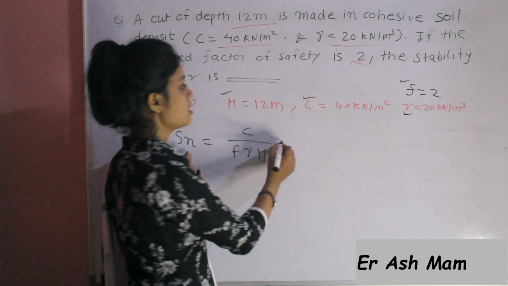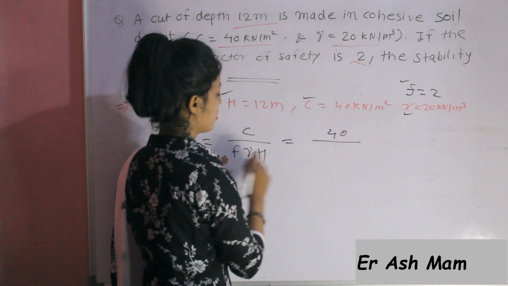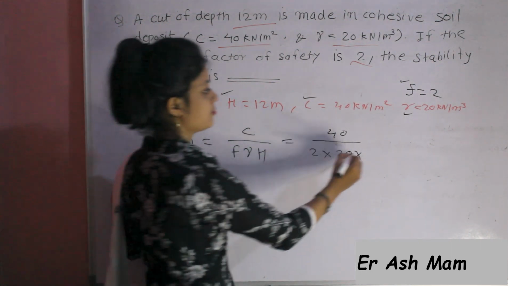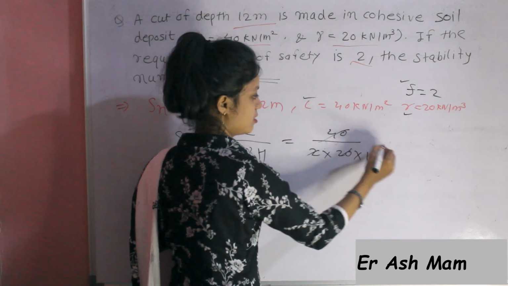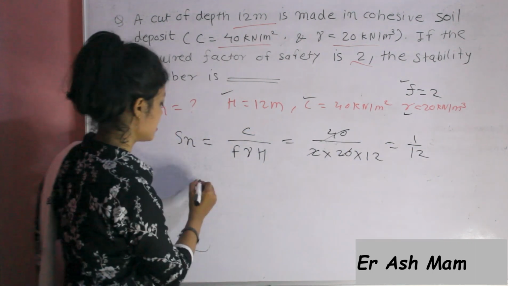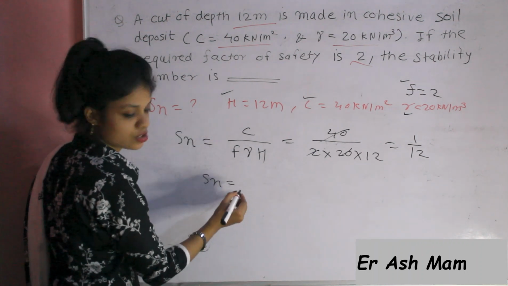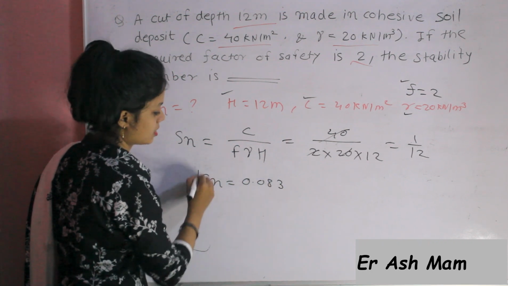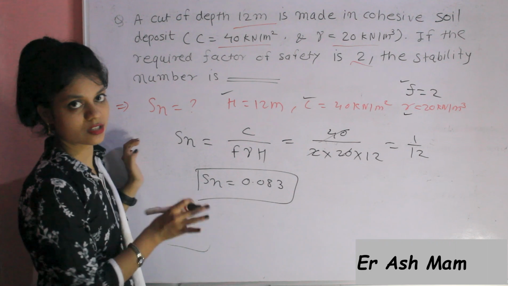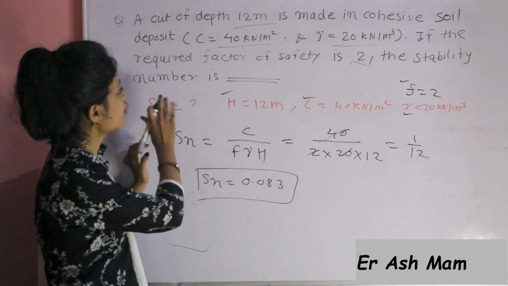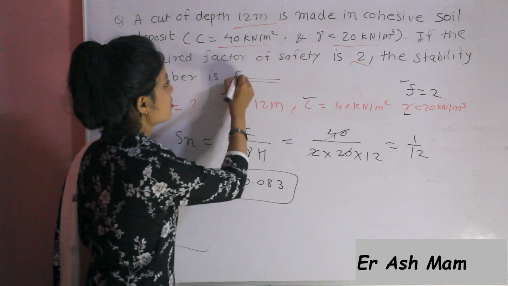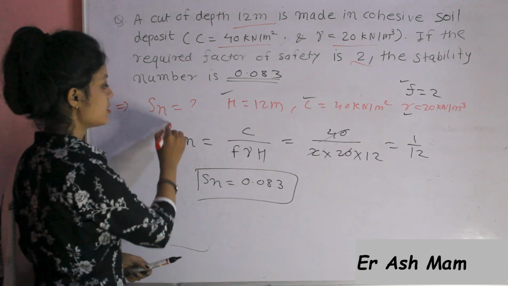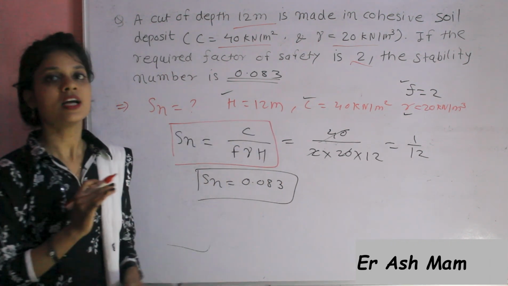C equal to 40 upon F, factor of safety 2, unit weight 20 and H equal to 12. 40 we cancel, equal to 1 upon 12, and Sn, stability number, 1 upon 12 is 0.083. Since it's a number, the unit place is empty. Therefore, stability number equal to 0.083. So the important one-liner formula here is Sn equal to C upon F gamma H.